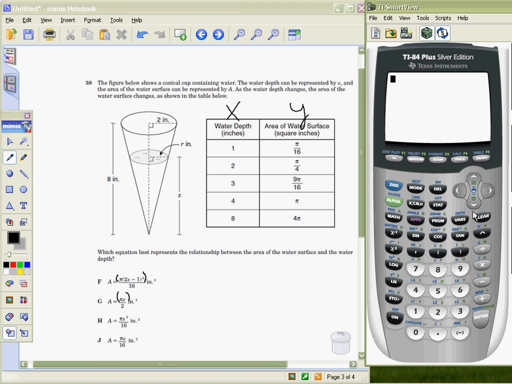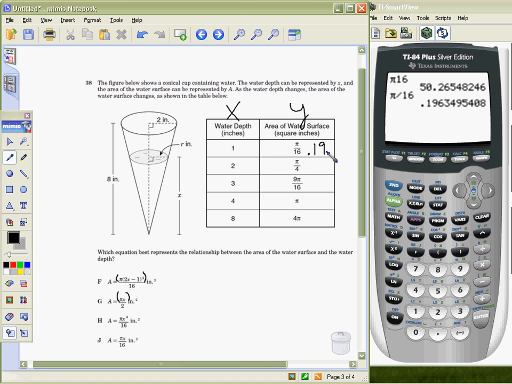Let's just go ahead and find all these values. Pi divided by 16 is 0.1963.